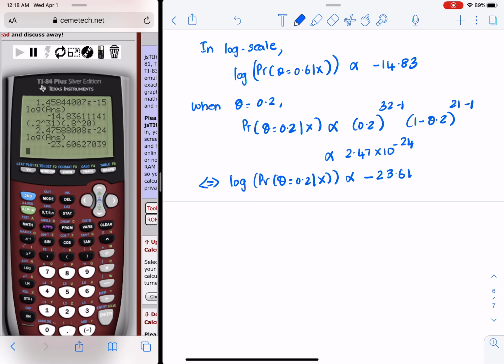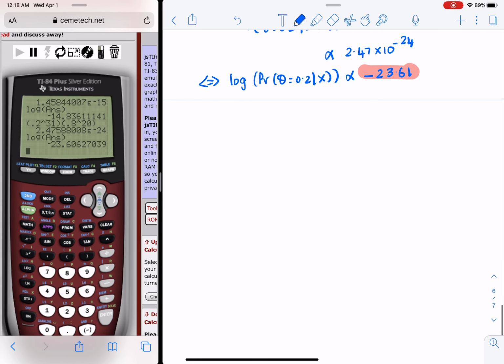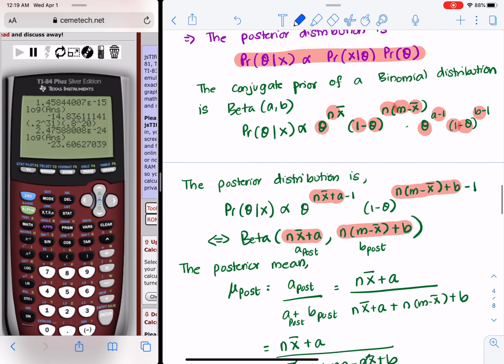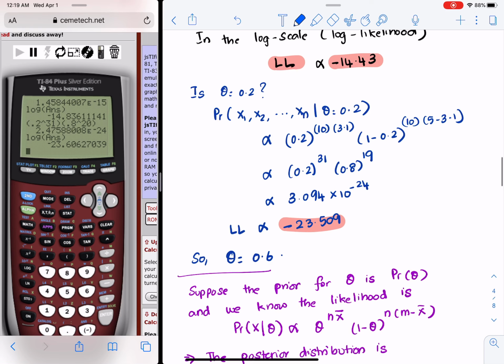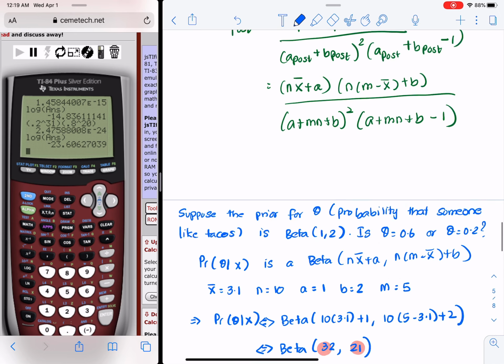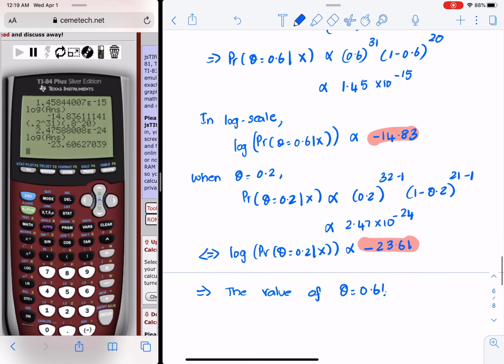Clearly, negative 14.83 is a bigger number than negative 23.61, so the value of theta is once again 0.6. And if we go back and look at the likelihood, which is right here, we have negative 14.43 and negative 23.509, and the new values we got are pretty close to what we have.